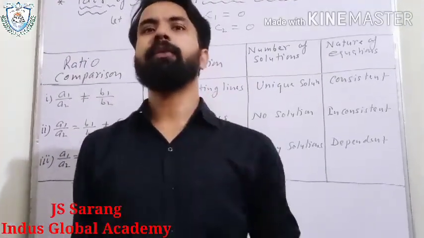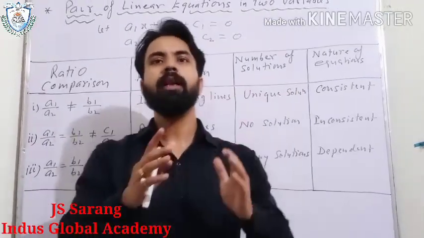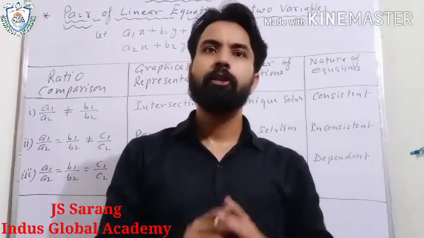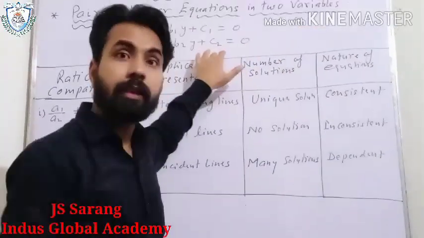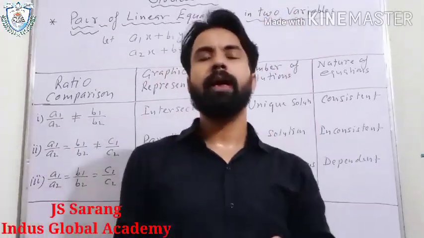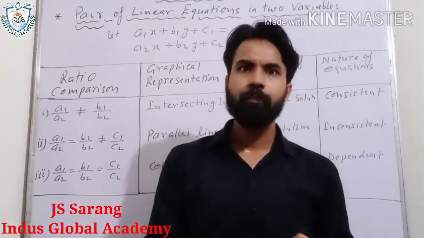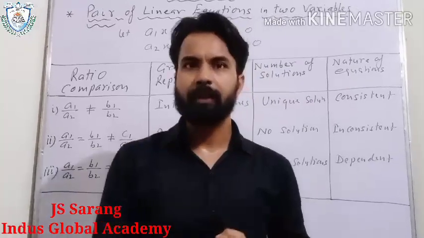How can we identify how many solutions this pair has, or what is the nature of these equations? So we have to identify the number of solutions, the nature of the equations and the graphical representation.